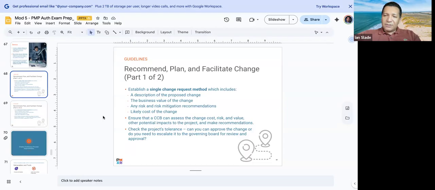Let's say, Sweta, you want to change the color, decrease the text character, and add another button on the screen. And let's say the admin group likes 2, but not the third. Guess what? If it's all in one change order, they're going to have to decline all 3 because it's in one. So you want to make sure that it's a single change request: one request per change order.